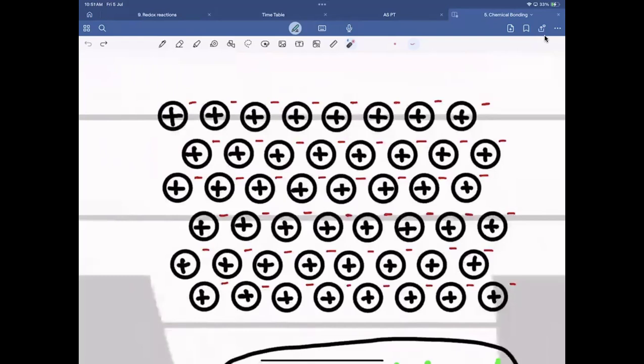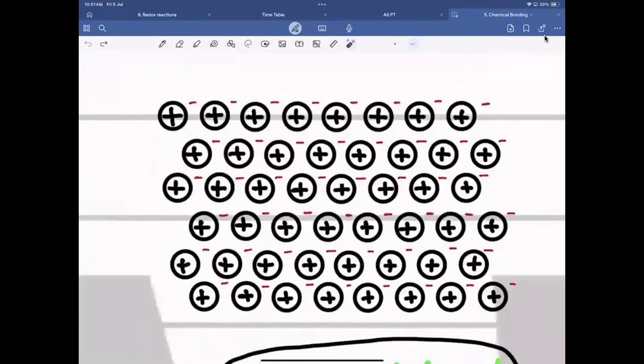Okay, so we can further specify it like this. For example, calcium is in group 2. So how many electrons does calcium lose? 2.